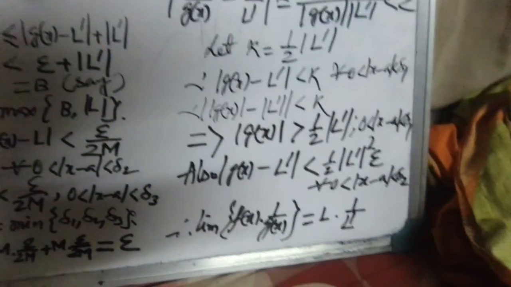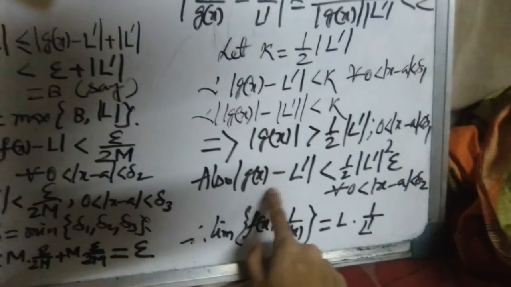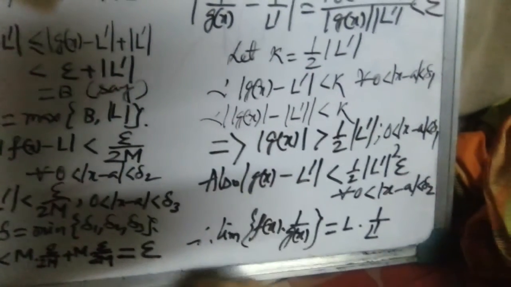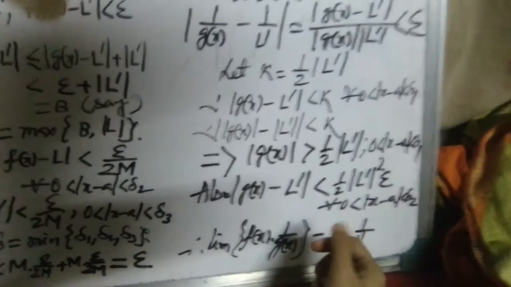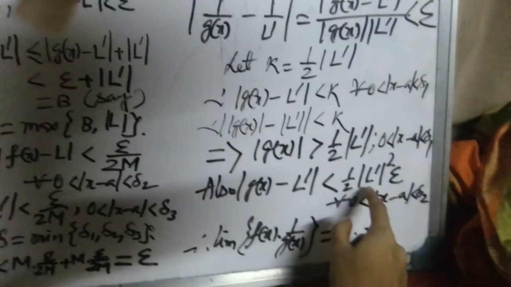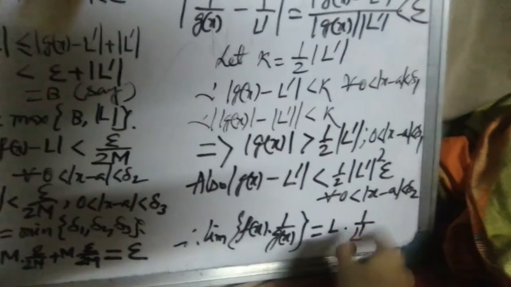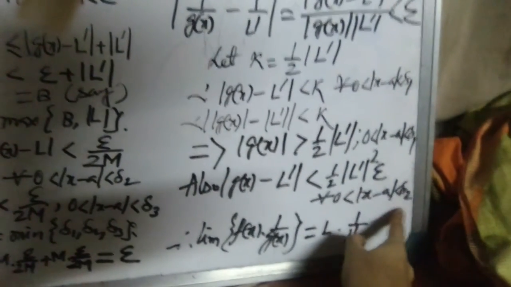Now next we have to consider this difference |g(x) minus L prime|. Suppose epsilon is a positive number, then this difference should be less than half of mod L prime square times epsilon for some |x minus a| less than delta 2.